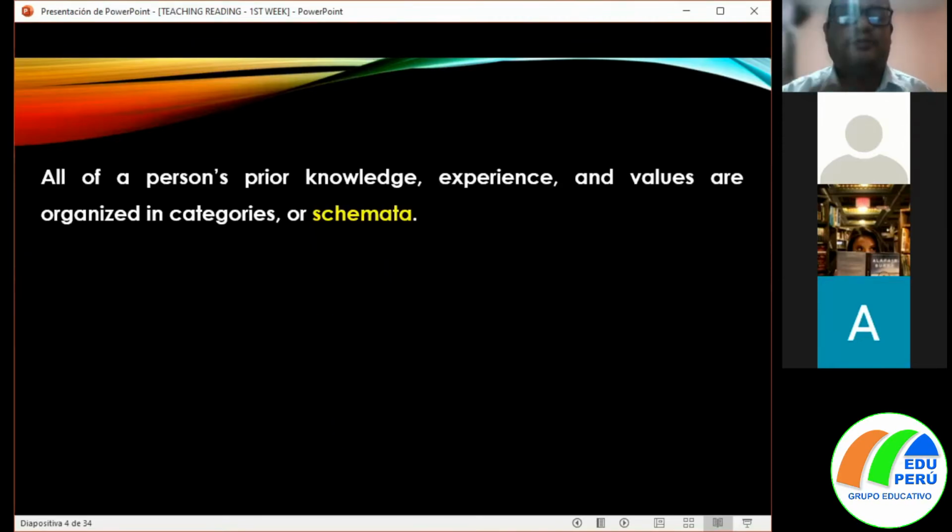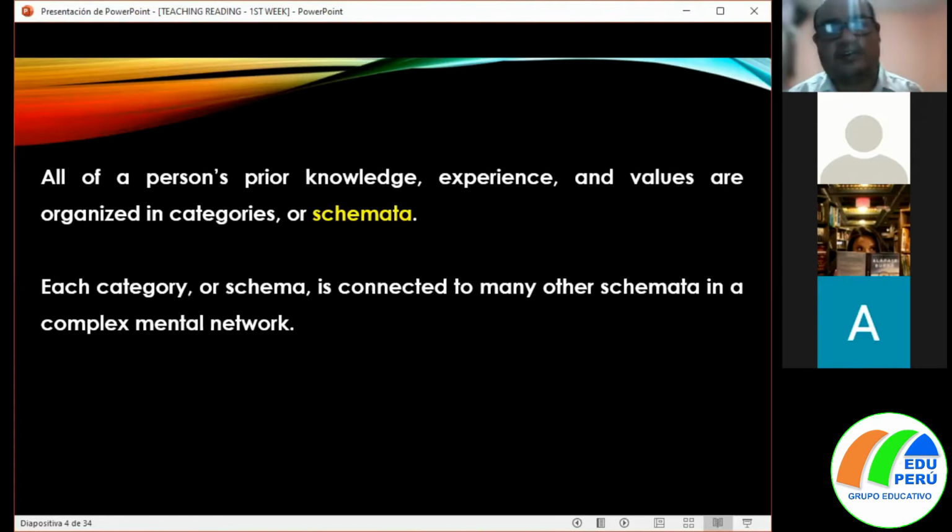Now, this information, this prior knowledge or experience or values, is organized in categories or schemata. Notice, this is the technical name for this prior knowledge, experience and values. We call this knowledge the schemata. Remember, all of a person's prior knowledge, experience, and values are organized in categories called the schemata.